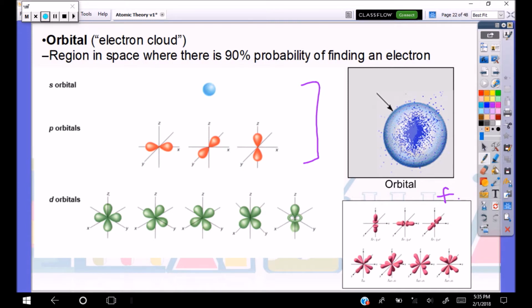Okay. When we're looking at these orbitals, because they're all oriented in different ways in 3D space, we can assign some sort of quantum number, or in other words, an address, to particular electrons in that region.